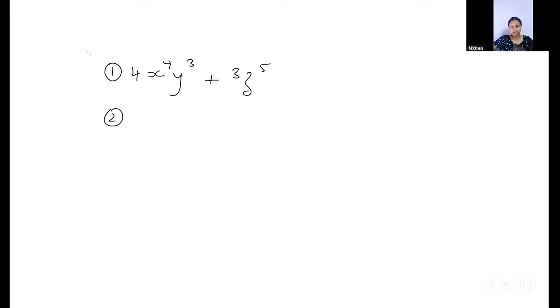You have to write it down in your notebooks and do it.